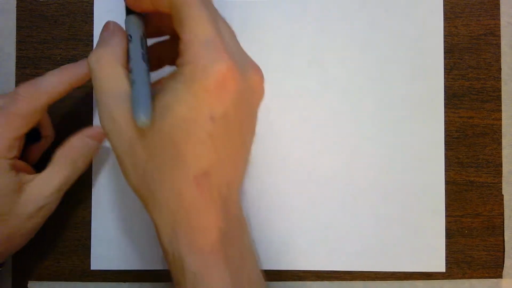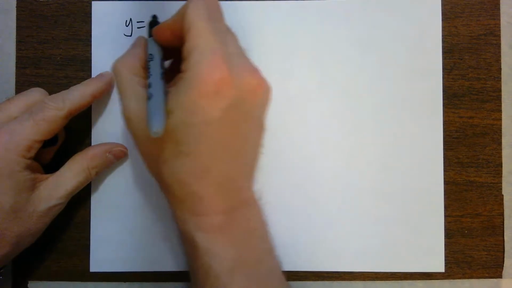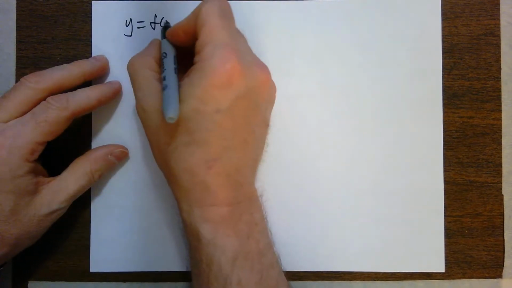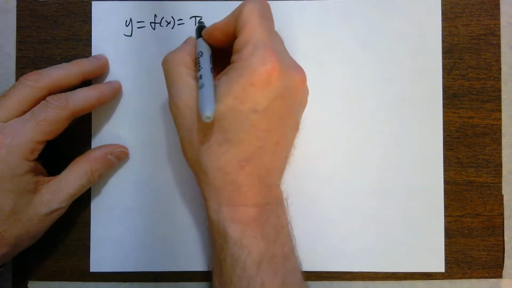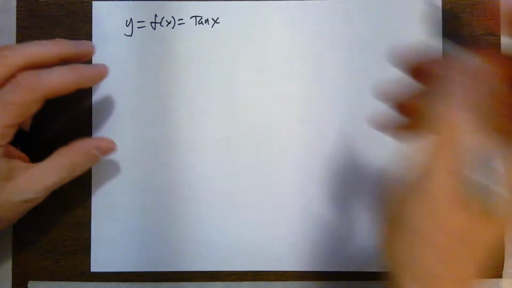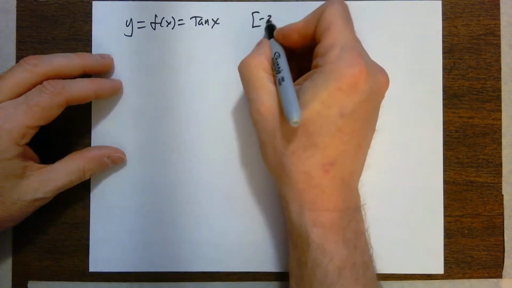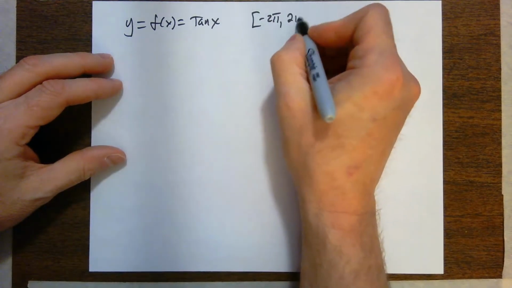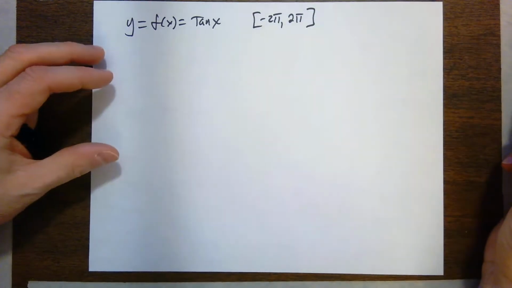All right, so let's attack this the same way we did sine and cosine. I want to know what y equals f of x equals the tangent of x looks like. I'm going to create a data table and graph it from negative 2 pi to 2 pi.